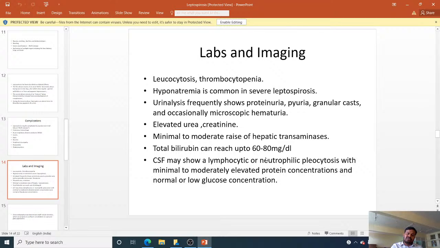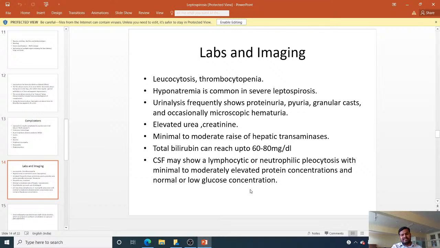What kind of picture do we see in cerebrospinal fluid? A lymphocytic or neutrophilic pleocytosis with mild to moderately elevated protein, and a normal or low glucose concentration.